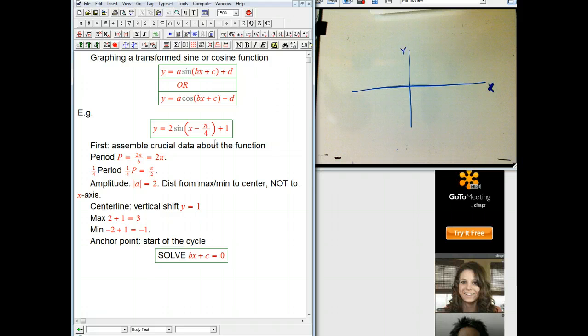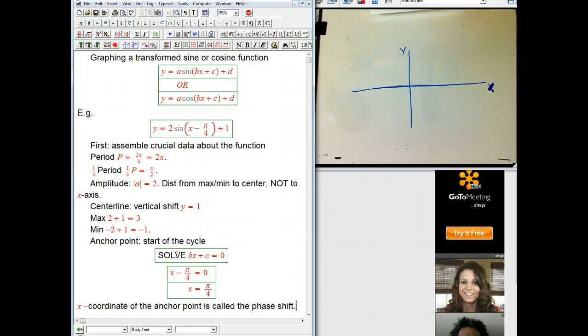And so in other words, here we're going to just take x minus pi over 4 equals 0, and so x equals pi over 4. There might be a little bit more work here if there's a b, but it's really not too bad. Okay. Now there's a more official terminology. That's my terminology. The x-coordinate of the anchor point, this start of the cycle position, is called the phase shift.